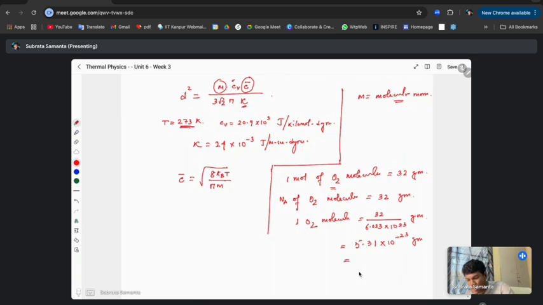I use SI unit, so it's basically 5.31 times 10 to the power minus 26 kg, right? So this is basically the m, the mass of 1 O2 molecule. This is the molecular mass, the value of m.